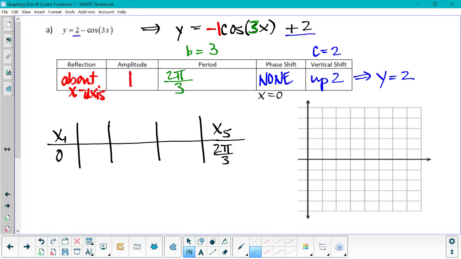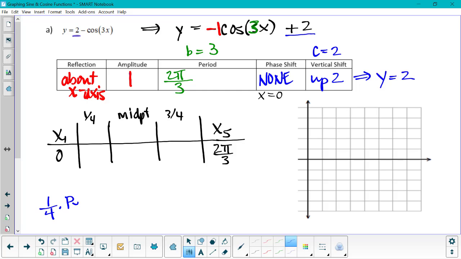All right, so now we need to divide up the cycle into 4 equal parts. So we will need a midpoint, and then we will have our quarter point and our 3/4 point. If you're comfortable saying, okay, what's the midpoint between 0 and 2 pi over 3? You can always take half of 2 pi over 3, and that's your midpoint. If that doesn't work so well for you, you can always use the quarter period method.